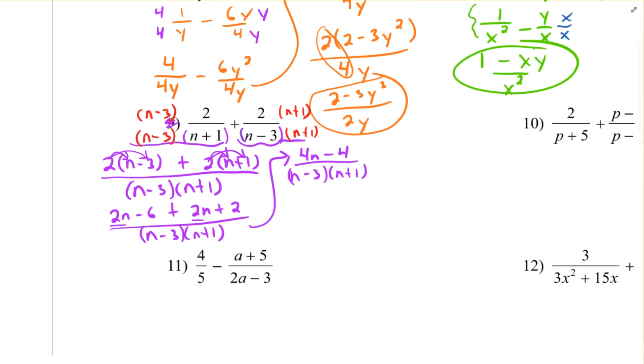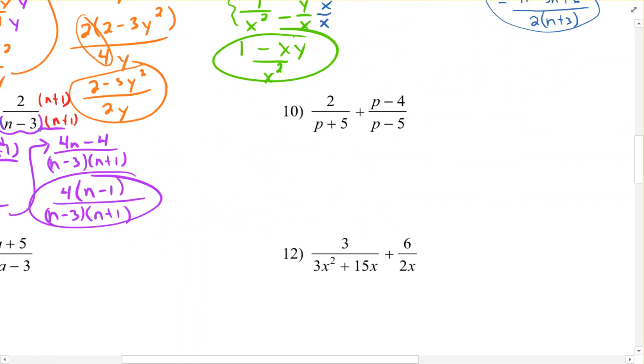You could end up writing it again as, factor of 4 out of this and say 4 times n minus 1 over n minus 3 times n plus 1. But both would be correct. We can't cancel anything more than that anyway, because n minus 1 and n minus 3 aren't the same there. Okay, so that's the answer.